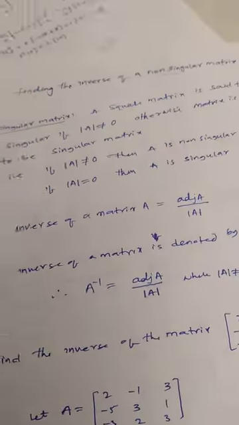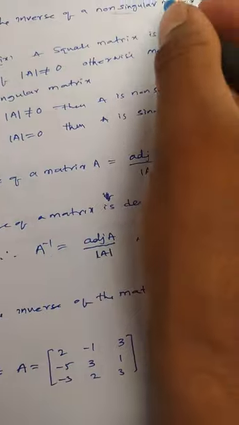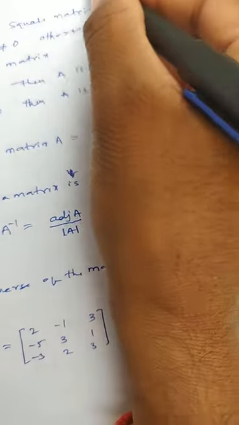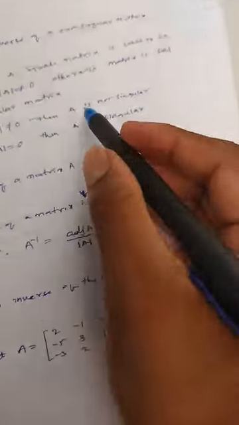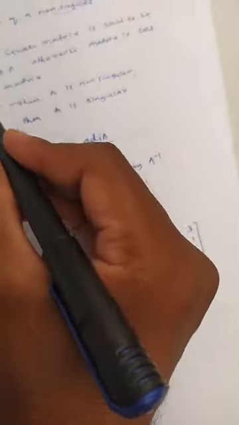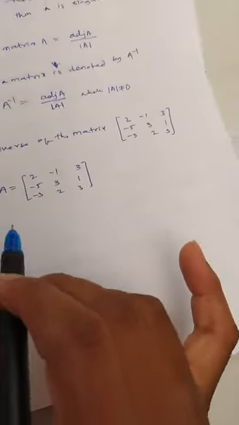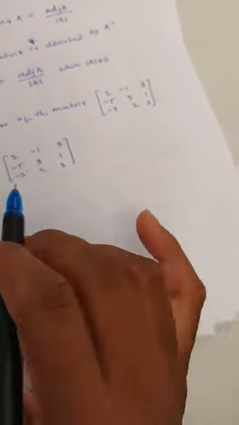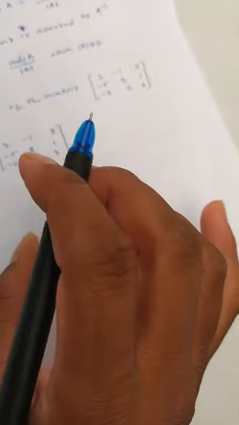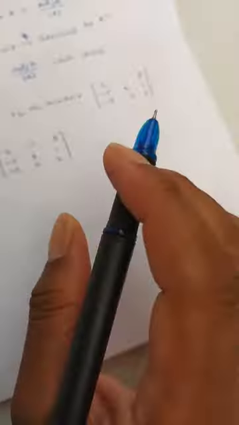What I said, to find the inverse of a matrix, it should be non-singular. So before finding the inverse of the matrix, you have to check the determinant. If the determinant is 0, directly you can write that this matrix does not contain the inverse, or the inverse does not exist.